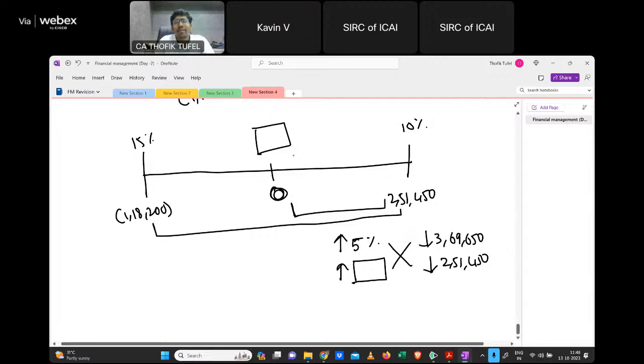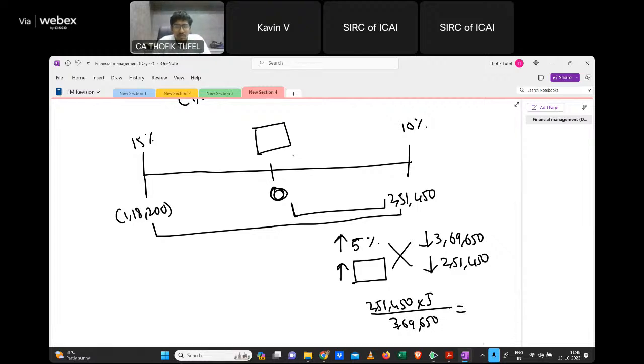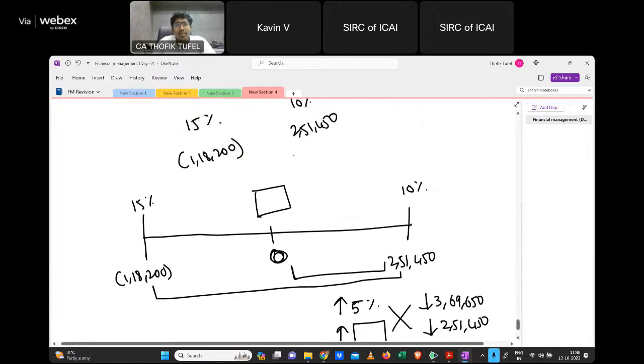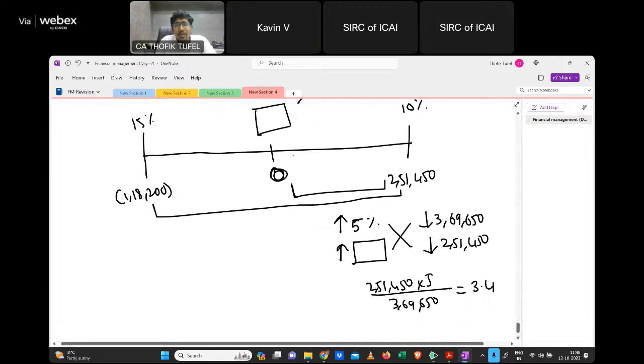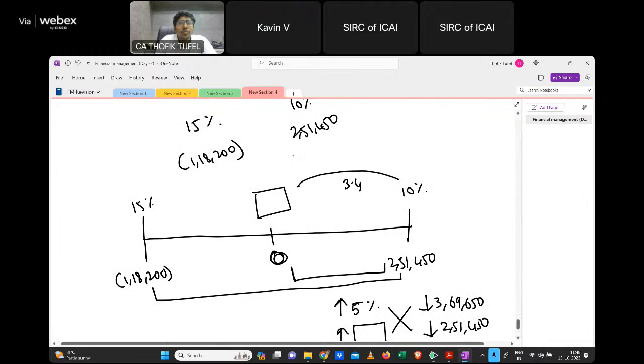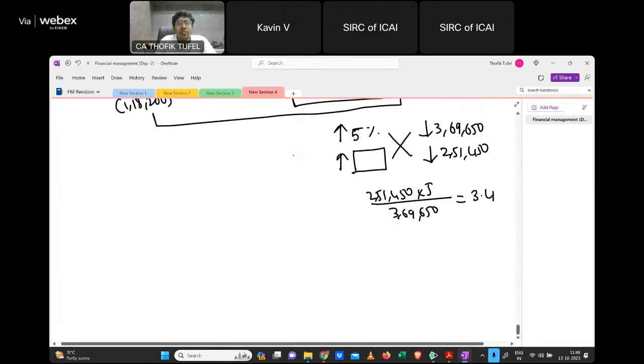Just do cross multiplication. 2,51,450 into 5, the whole divided by 3,69,650. You are getting 3.4, which means your rate should increase by 3.4, so your rate should be 13.4 percent.